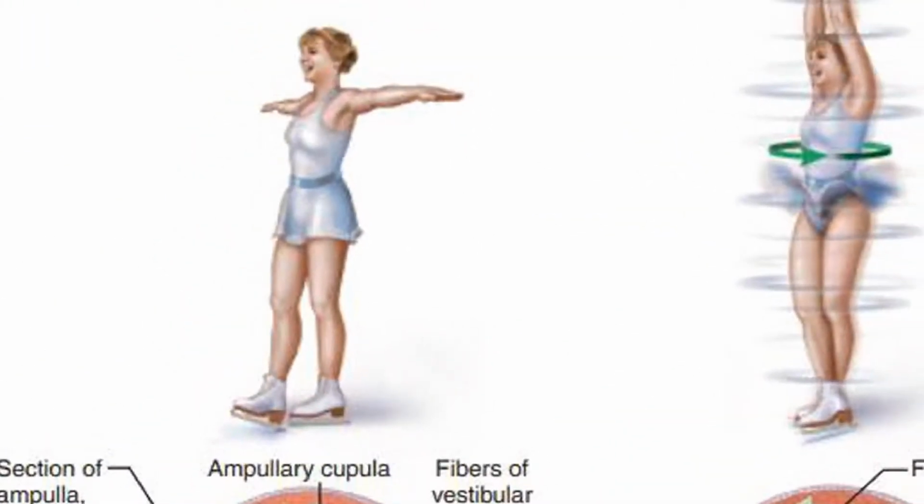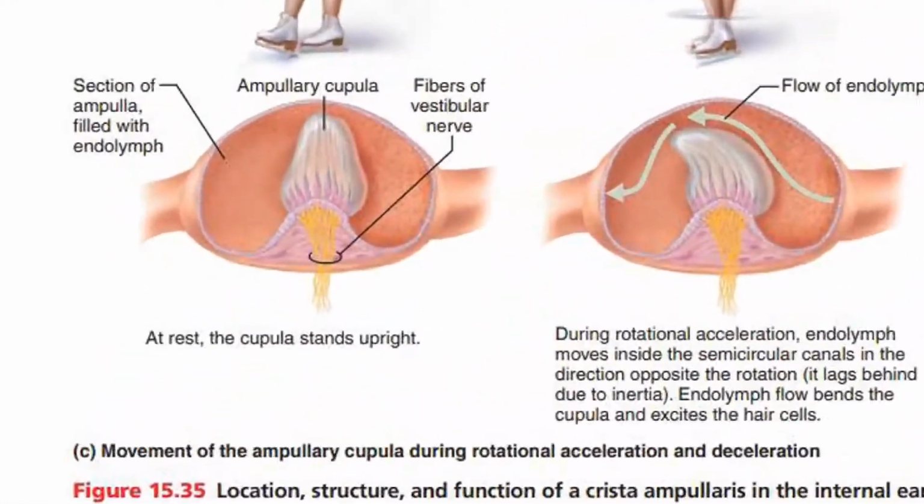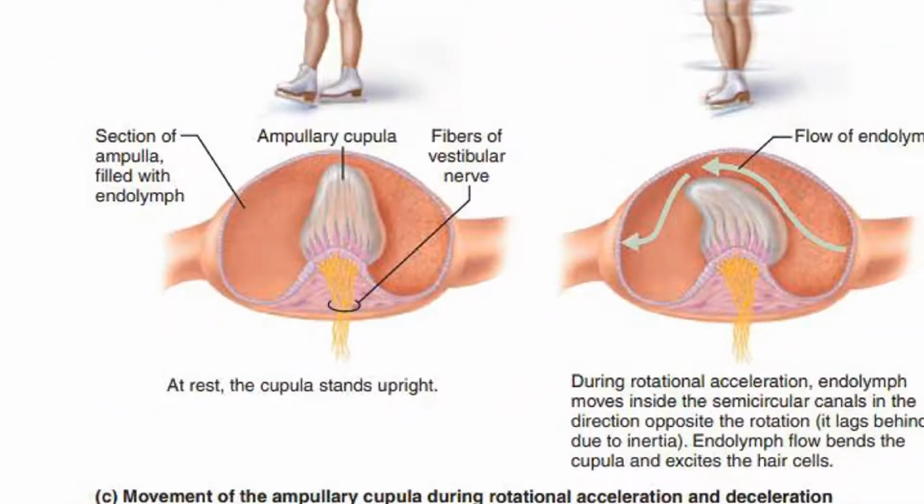Now here you can see the girl is in a resting position. So at rest, you first see the position: the cupula stands upright. You see the ampullary cupula, then the endolymph they are showing, then the fibers of the vestibular nerve are shown.